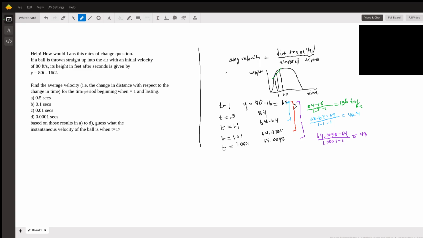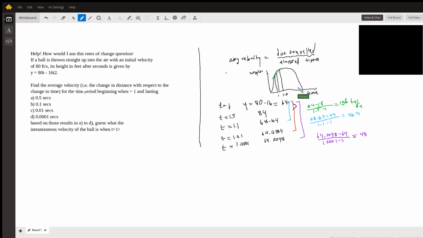We could keep going and make t even smaller and smaller, and we'd probably be getting closer to something less than 48, but it's not going to be tremendously different from 48. And so that's our best guess at this point.